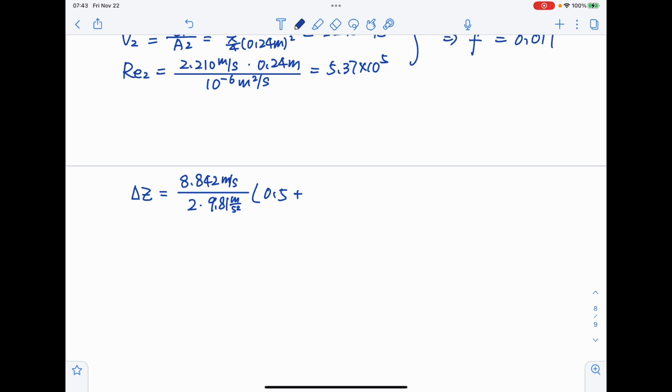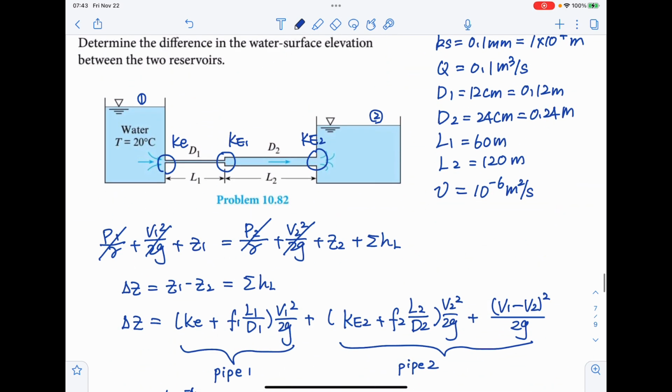is the entrance, because it's a sharp one. Okay.